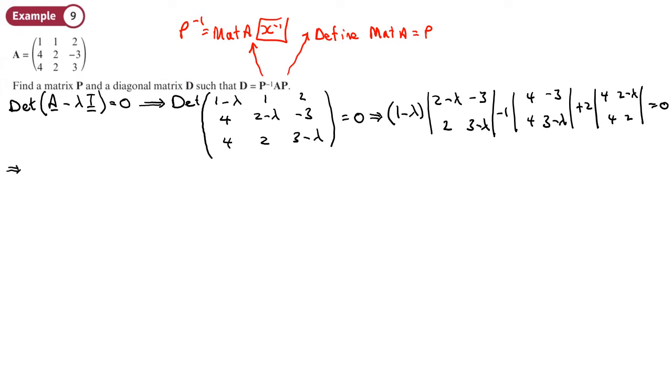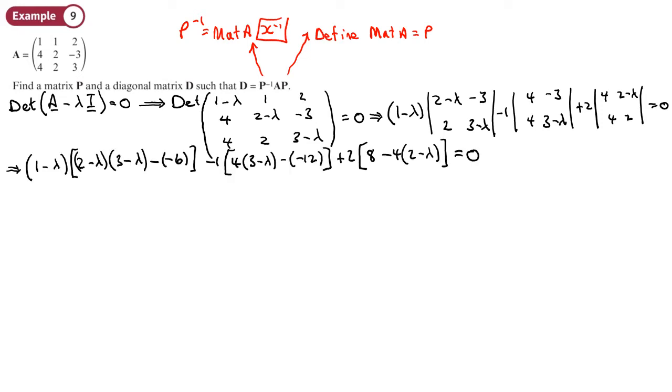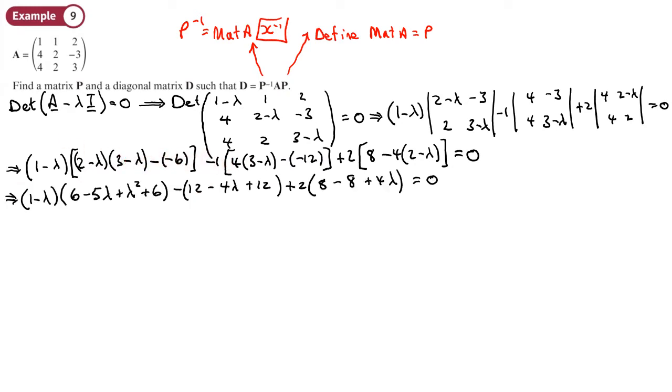So we've got a lot of multiplying out to do. So I'll pause it and write down what we get once we've worked out the determinants. So this is what we get here once we've worked out the minors. Now what we'll do, we'll expand this and simplify it. So again, I'll pause it and write down what this becomes once this is all expanded, and then we'll simplify it afterwards.